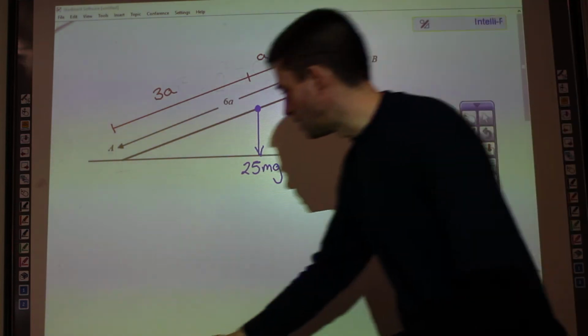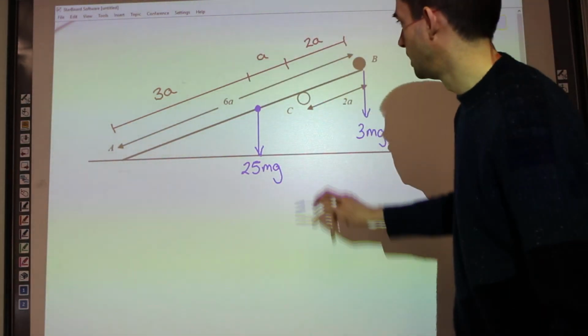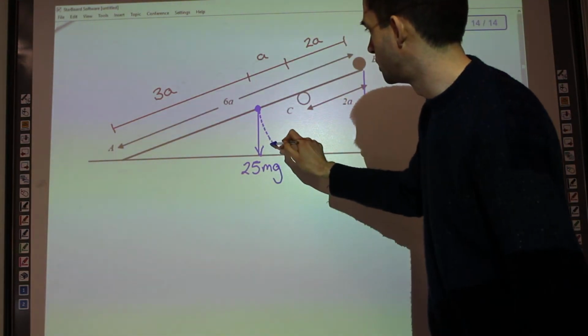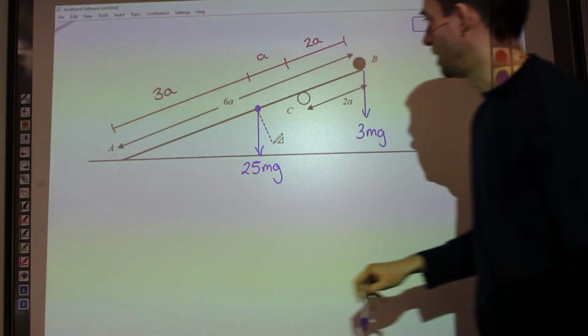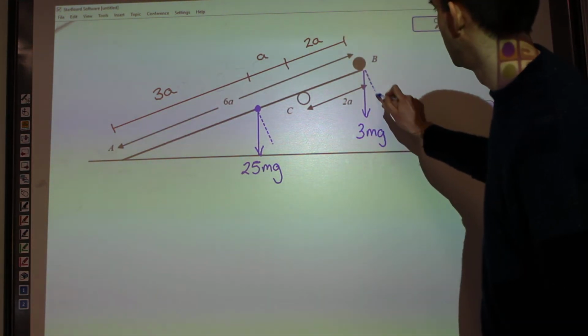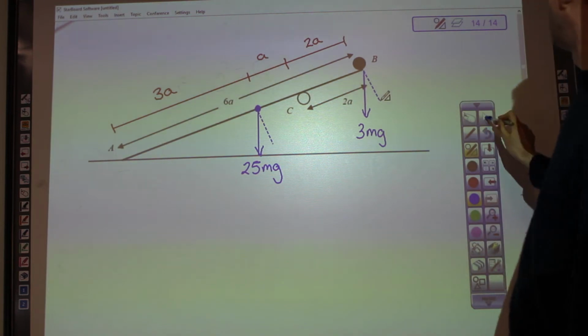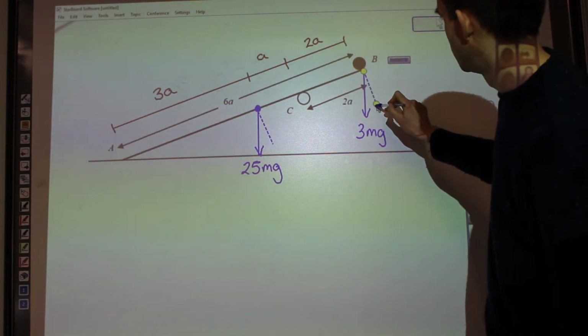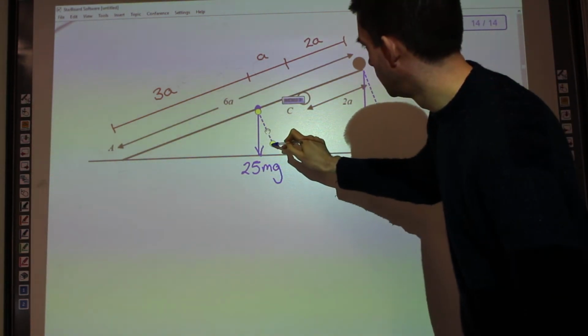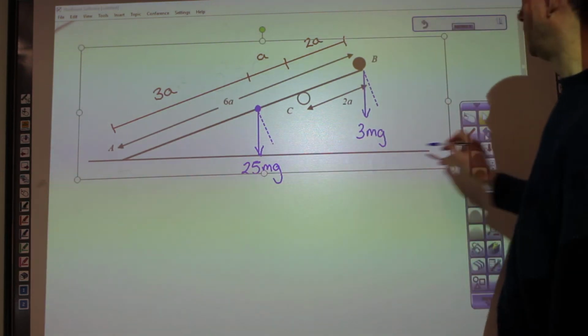And as I've been mentioning throughout these videos, because I've got a force that's not acting perpendicular to the slope, I'm going to draw in lines that are perpendicular to the slope. Well, let's just make that actually look perpendicular.